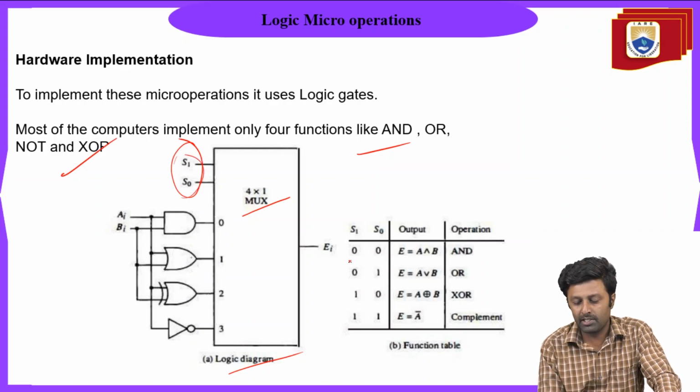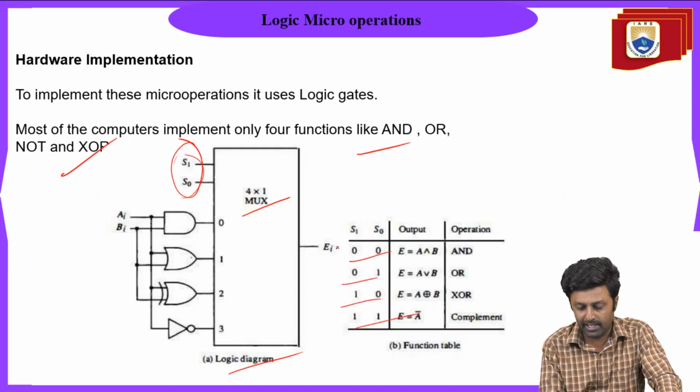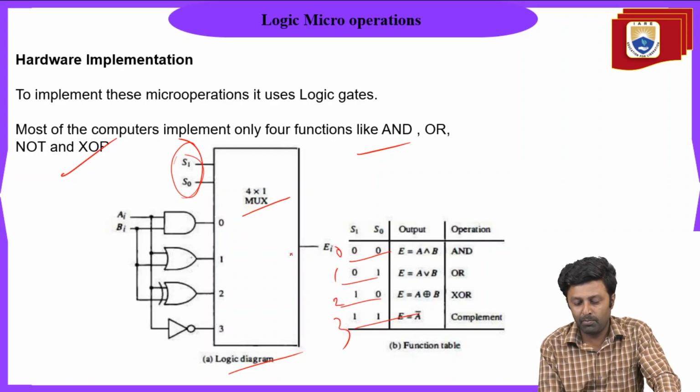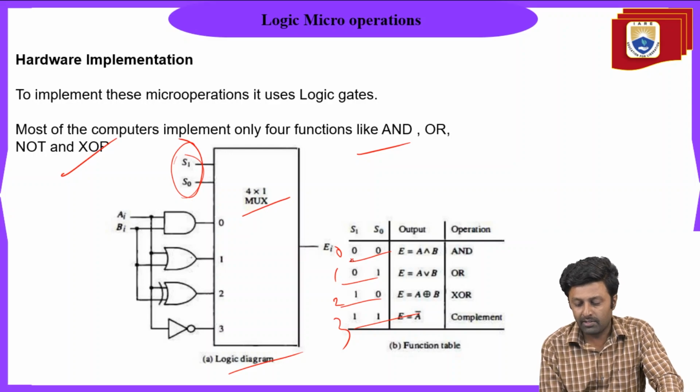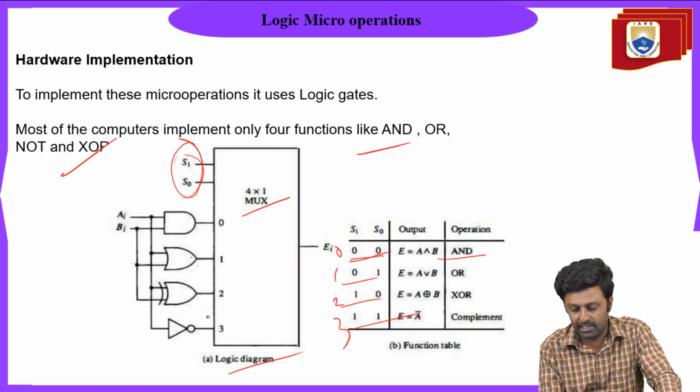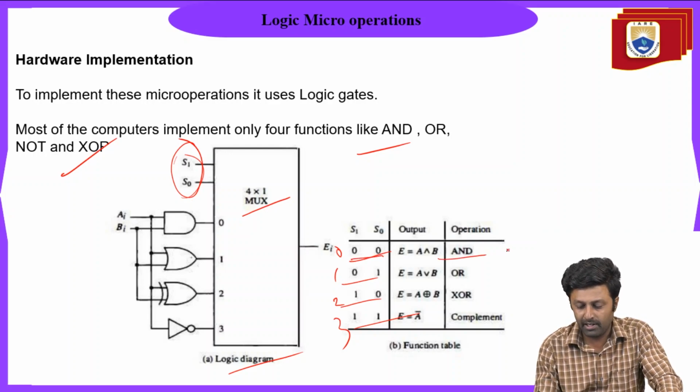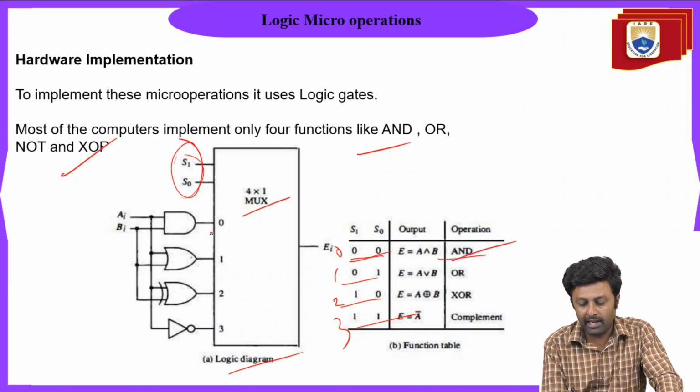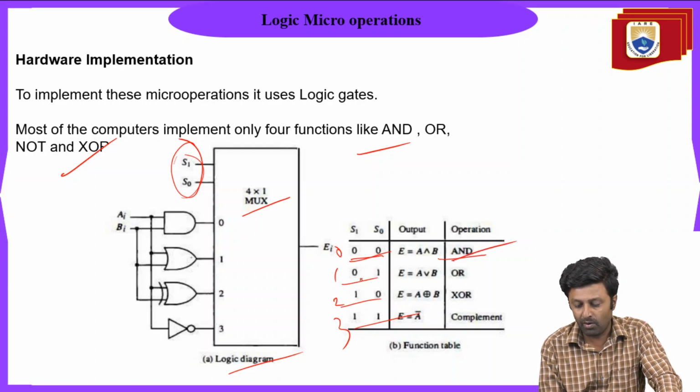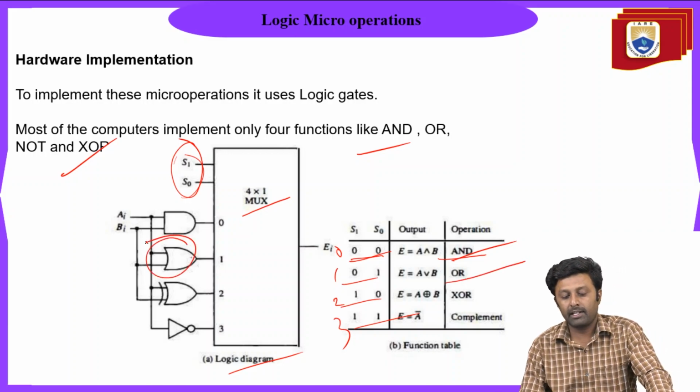We can say the inputs are 0 0, 0 1, 1 0, 1 1, that is 0, 1, 2, 3. If S0 and S1 are 0, 0, then this circuit will perform the AND operation. If S0 and S1 are 0, 1, it will perform the OR operation, so this gate will be selected.